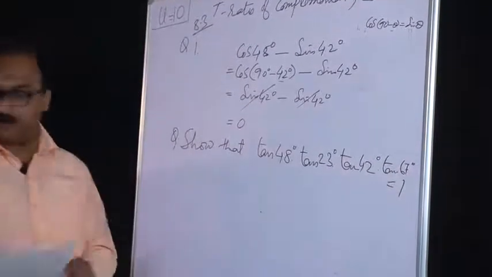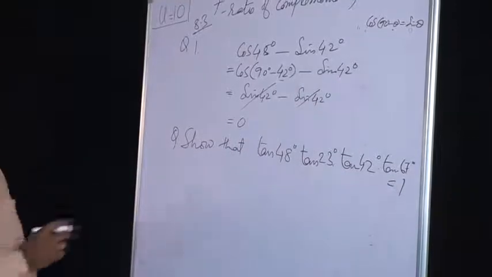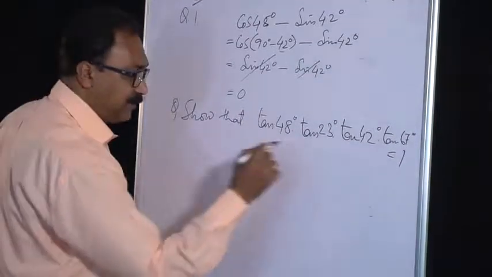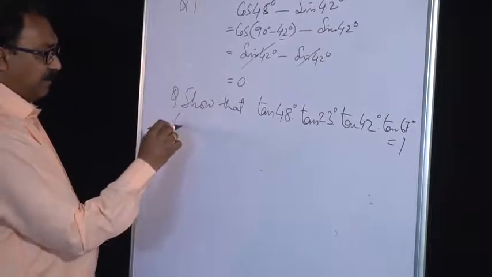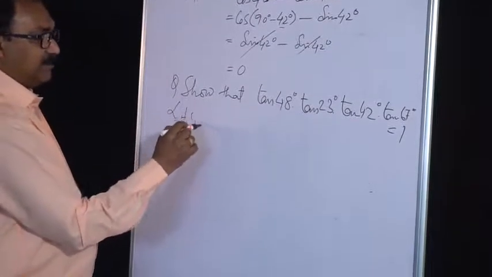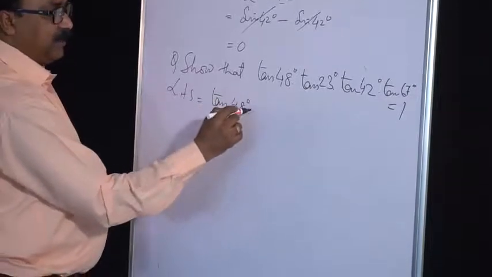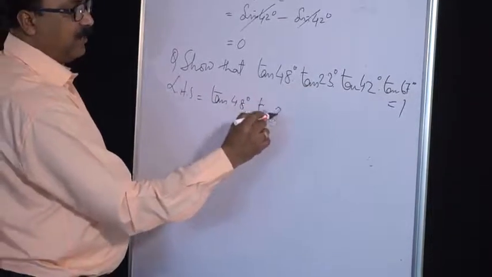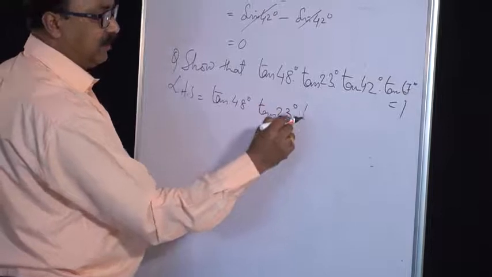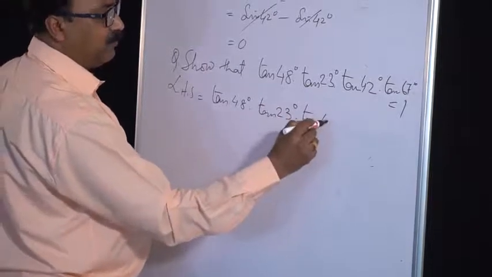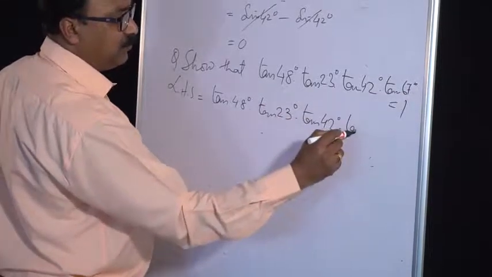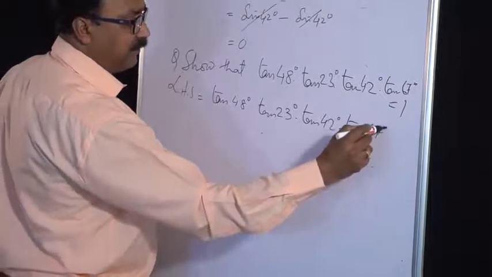The question is, we have to prove 1. So if you consider this as the left hand side, you can write the part again. Left hand side: tan 48 degrees into tan 23 degrees into tan 42 degrees into tan 67 degrees.